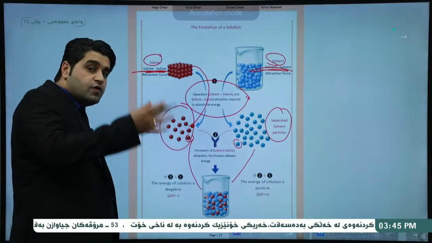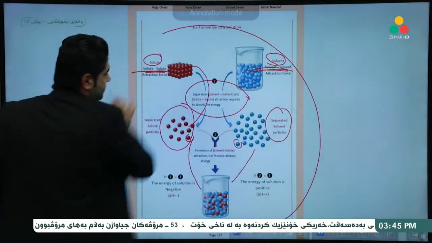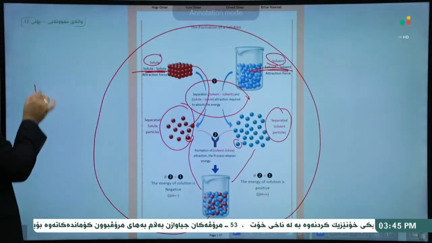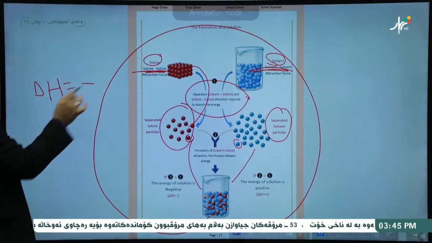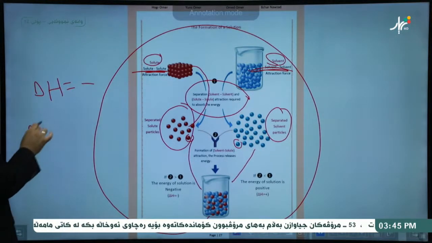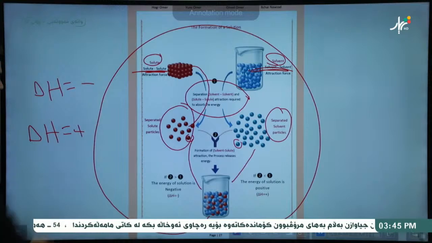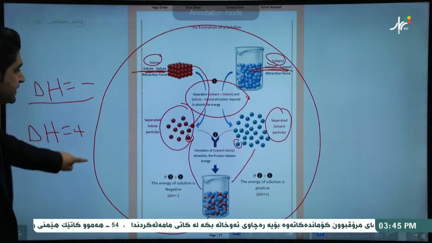Now, let's talk about the overall energy of the process. Is it exothermic, delta H negative, or endothermic, delta H positive?